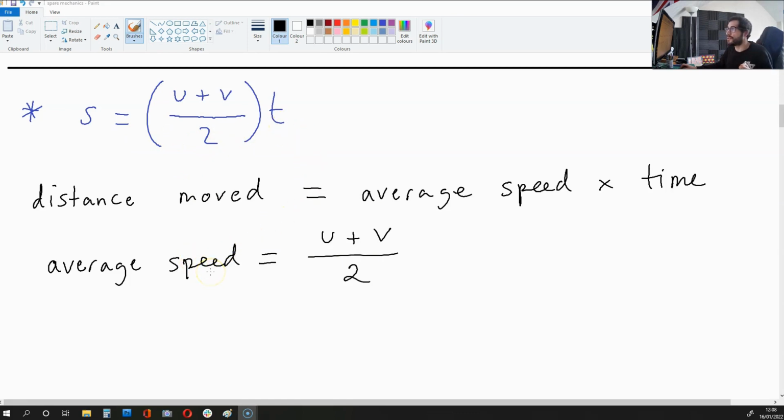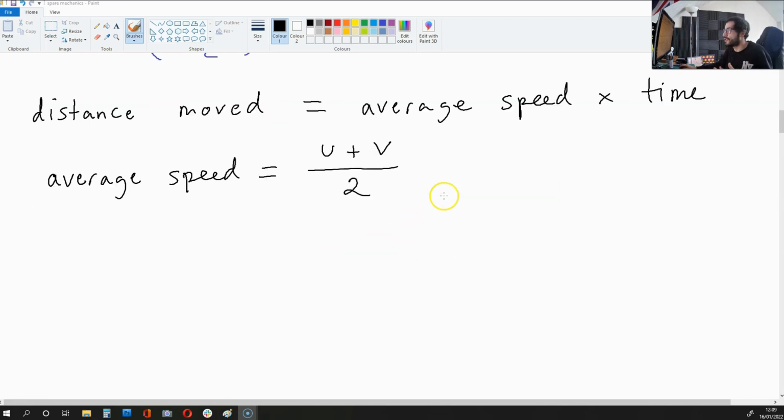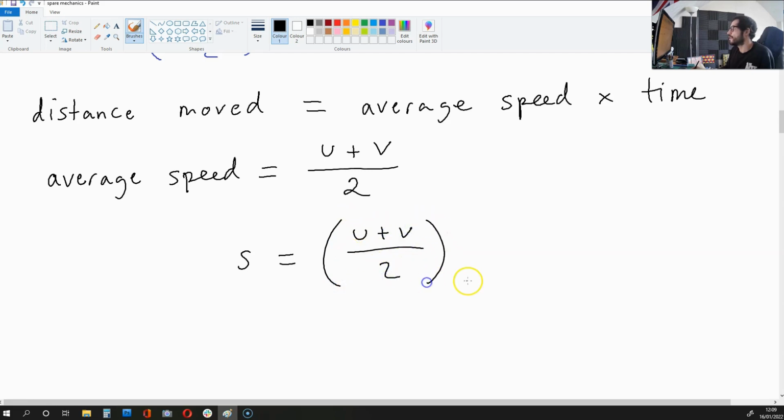Well, the distance moved, that is going to be S, is average speed multiplied by time. Now, since the average speed is the initial velocity plus the final velocity over 2, what we end up with is S, which is the distance moved, is U plus V over 2, which is the average speed multiplied by time.